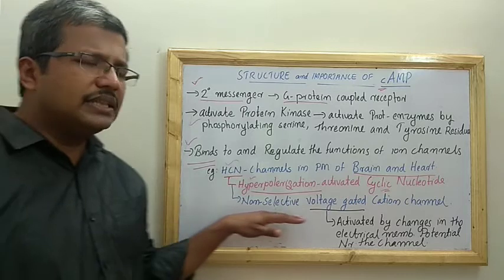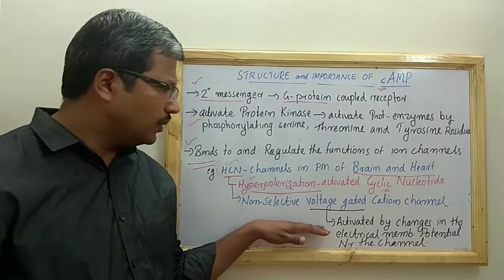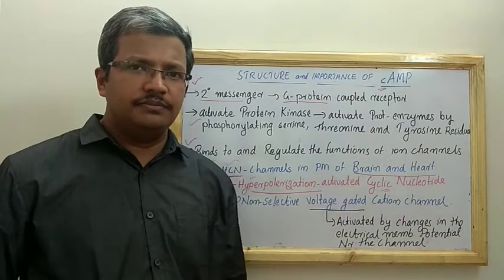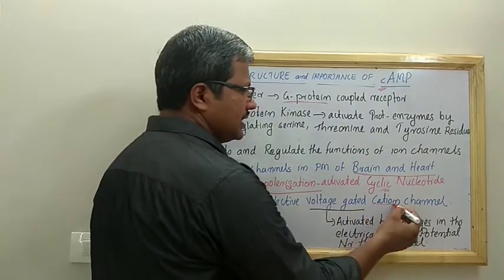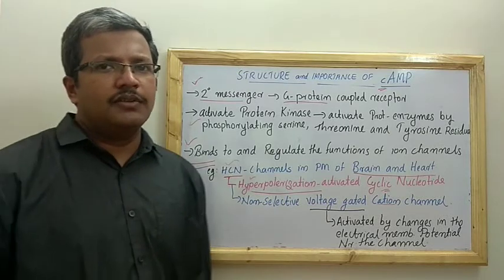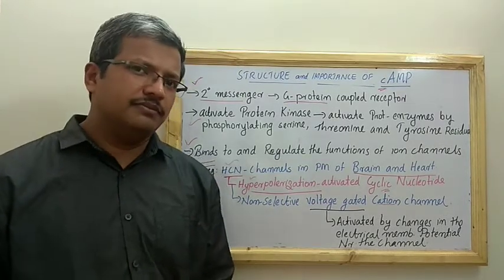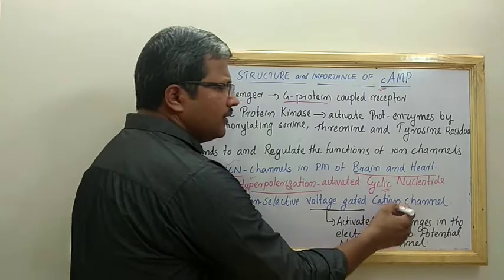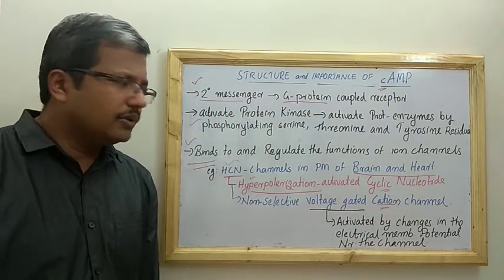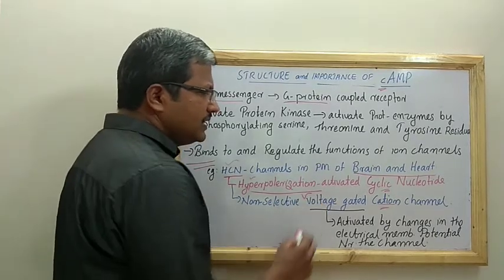So it is a non-selective, that means common to all, non-selective voltage gated cation channel. We have learned about what is a cation, positive or negative. Hope you remember that. So cation is positive. So it's a positive ion. So cation channel, for the positive ions. Okay. Now, what is meant by voltage gated channel?